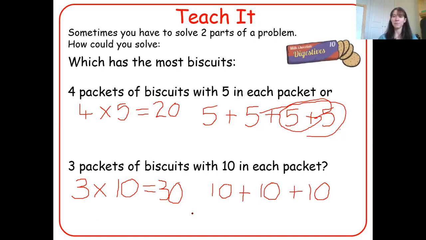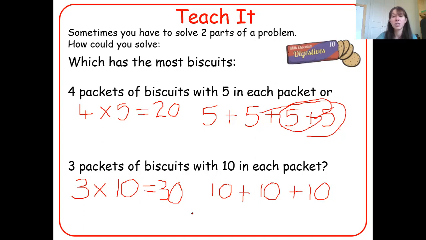So actually, which one has the most biscuits? Which of those calculations would you rather have if I actually gave you all of the biscuits? I'm not going to, because that's not really very healthy, is it? But which one? You're right, it would be the 3 packets of biscuits with 10 in each one. And we've proved that we're right because we've worked out the calculation.